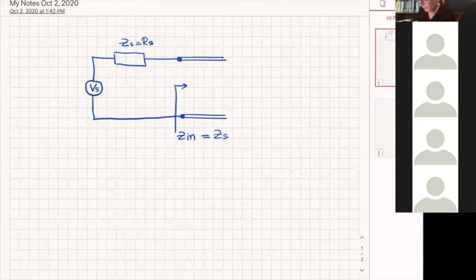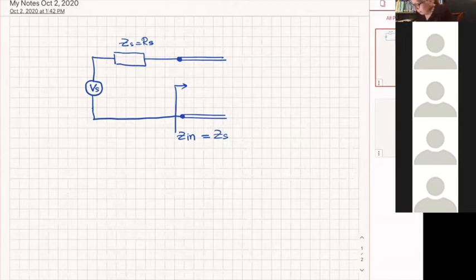In this particular case, why do I match it like that? Because Z sub S is real. When your source impedance is real, like here, we always try for best transfer of power from the source to whatever line or circuit it is.